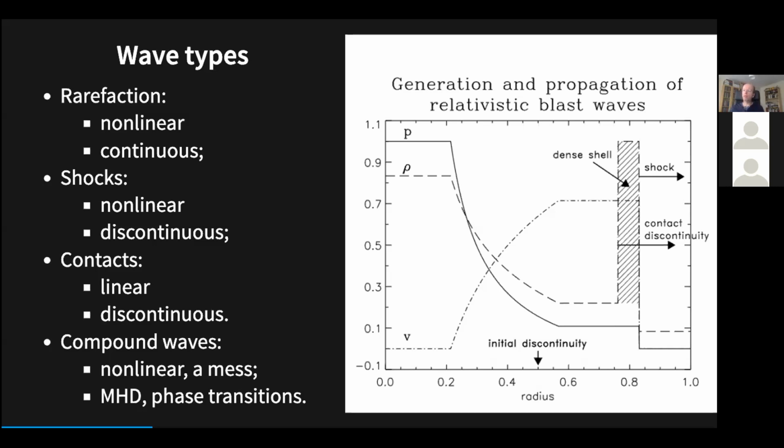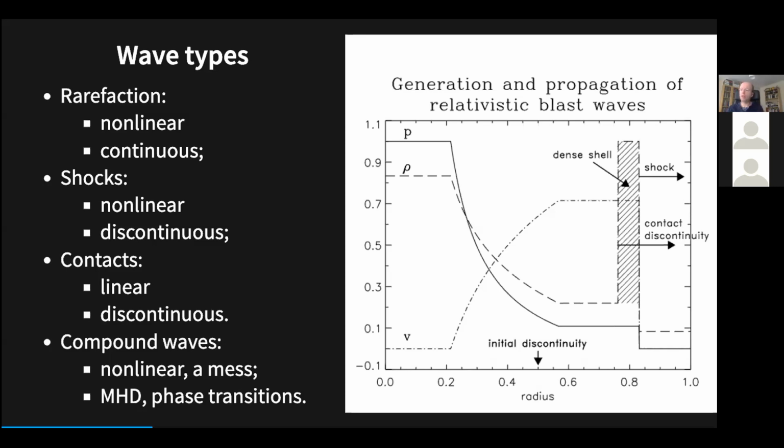The reason why this happens is because the characteristics are neither diverging nor converging. The characteristics are propagating parallel to the wave. What this means is that the information from the initial discontinuity, where there was a jump in the density, propagates to the right with the speed of the advection velocity.